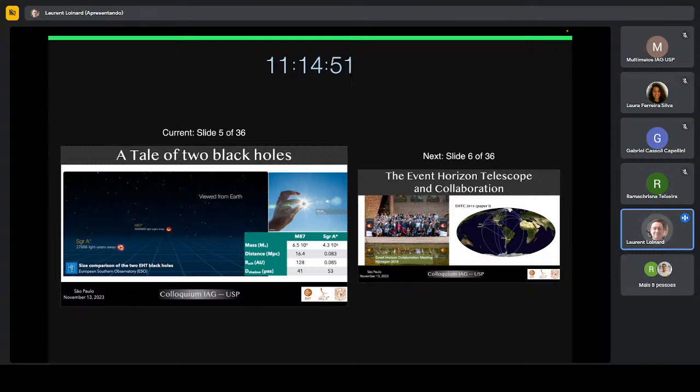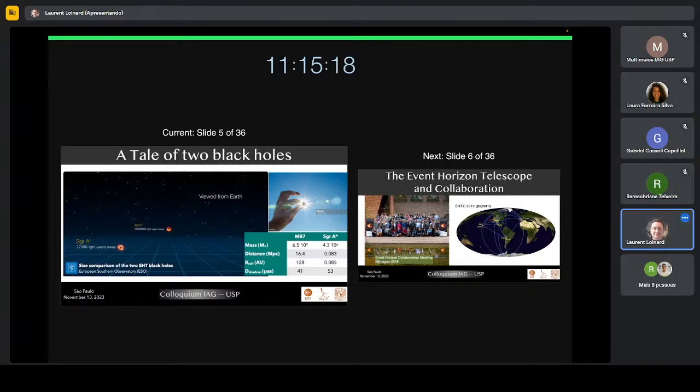What is remarkable about the size is this size, about 50 microarcseconds. So microarcseconds is a very small number. 50 microarcseconds corresponds just about to the size of a single atom seen from 1 meter. So if I had eyes that would allow me to see these images, then I could see a single atom in my hand.